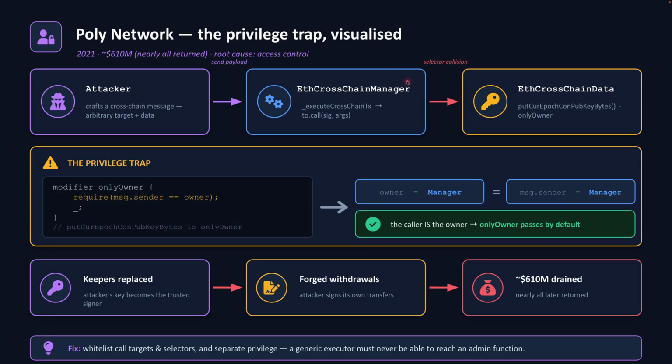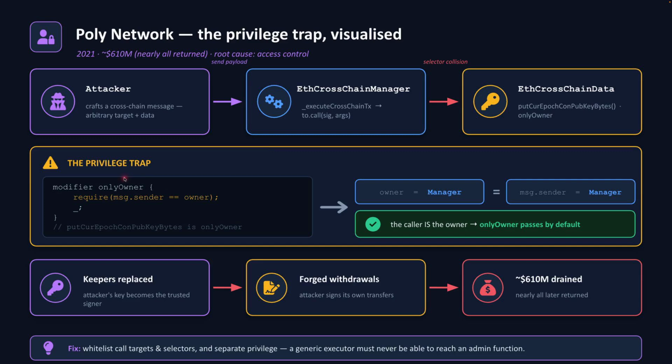So if you are able to invoke this function from within this line, passing in your controlled wallet addresses as arguments, it will update the keepers by calling this function. That exactly happened in this case.